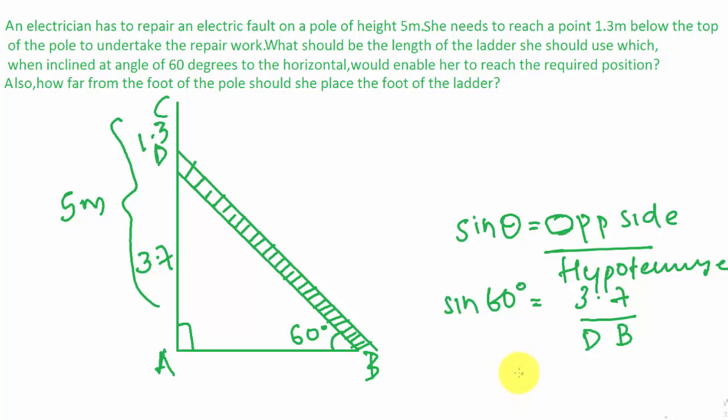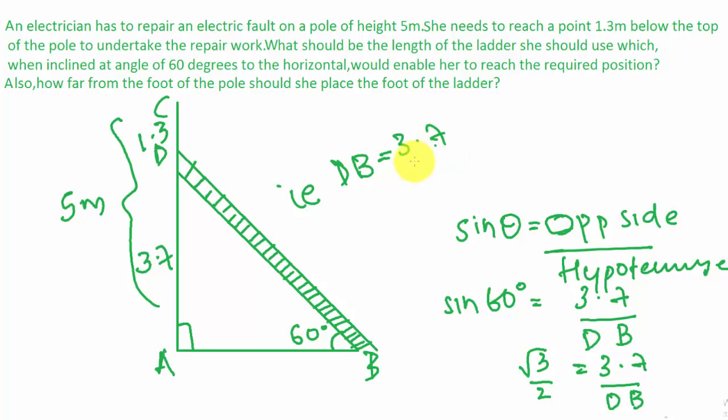Now we know sine 60 is equal to root 3 by 2, which is equal to 3.7 divided by DB. That is DB is equal to 3.7 divided by 1.732 into 2, which is approximately equal to 4.28.